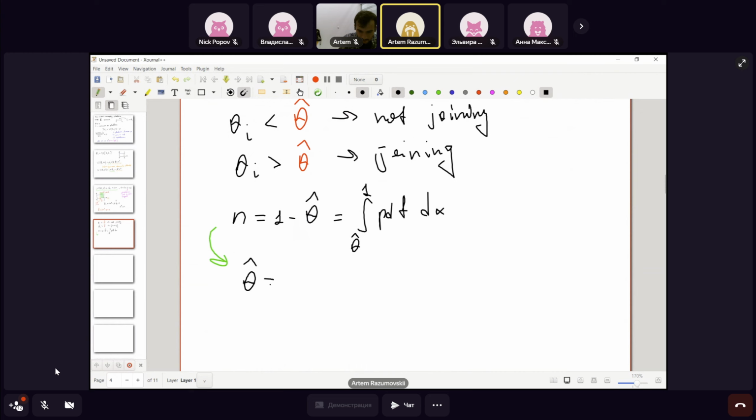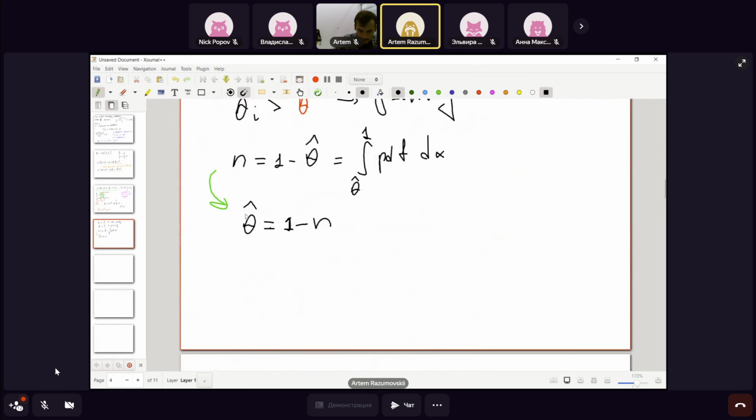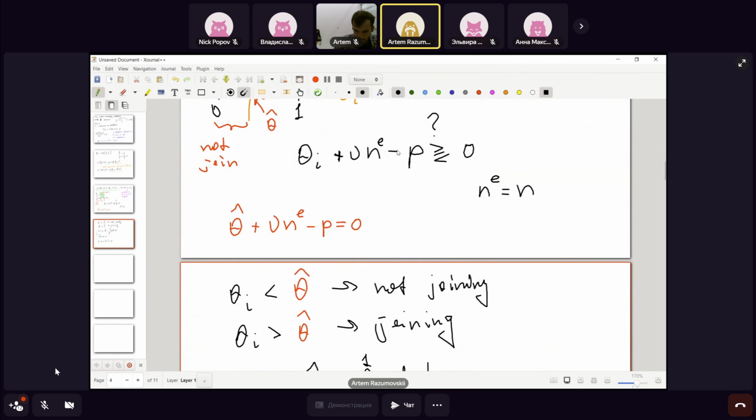The agent who is indifferent is 1 minus n, right? For this indifferent agent, we know that this inequality holds with equality. So we can substitute and write that 1 minus n plus mu n expected equals price, if price goes to the other side.